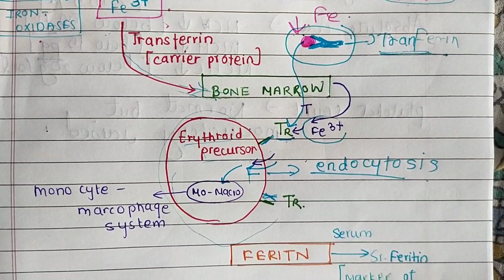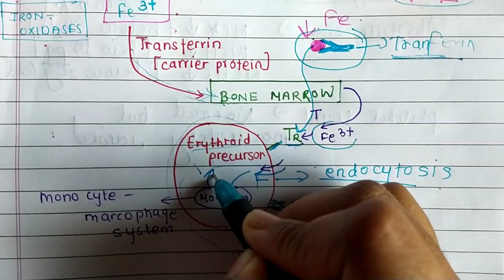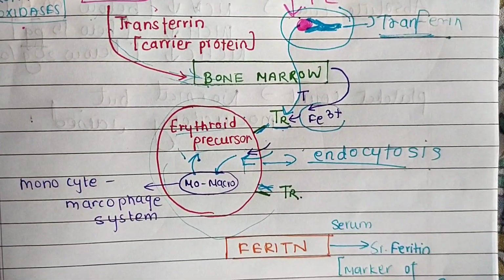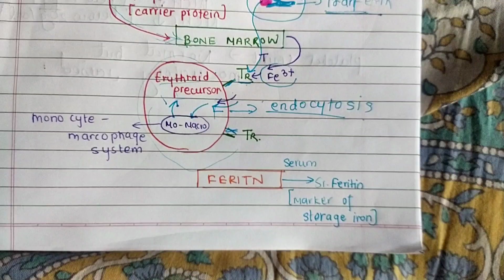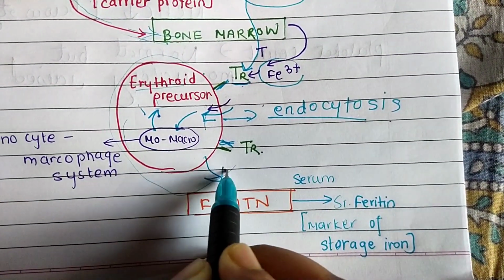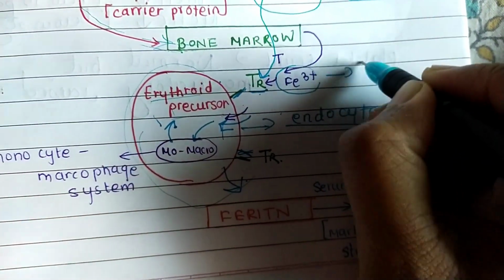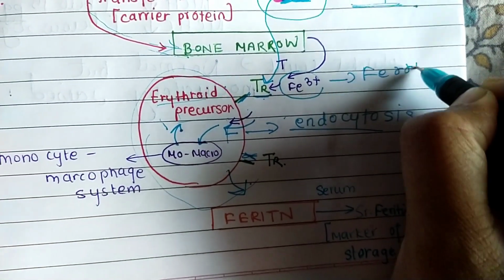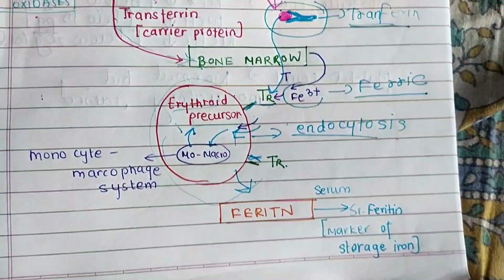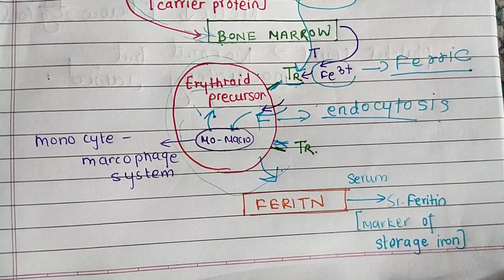So whenever there is erythropoiesis, the iron is released into this erythroid precursor and iron absorption takes place. So this iron absorption takes place and forms ferritin. It forms ferritin because it is absorbed in its ferric state. So you should remember that if iron is absorbed in the ferric state, it converts into ferritin. This is just as a learning point of view.